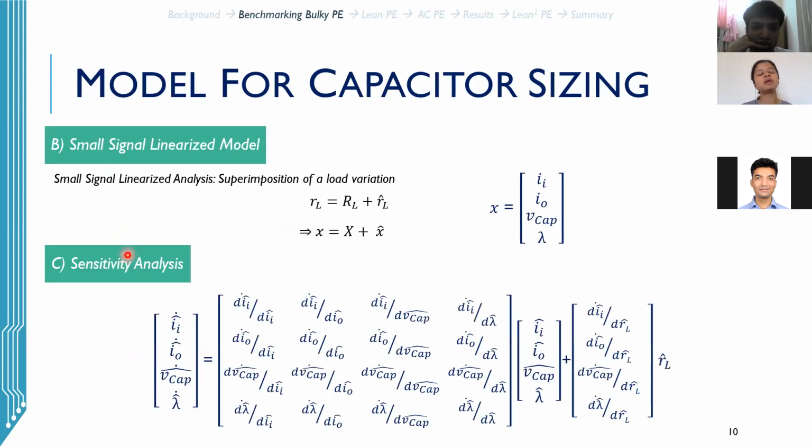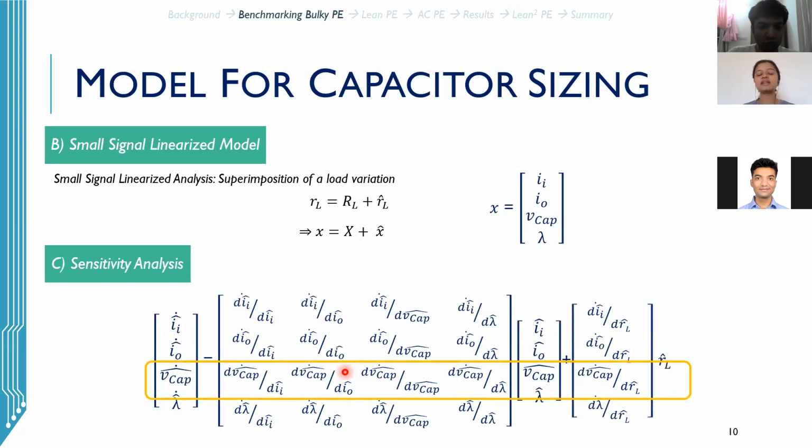After that, we developed the small signal linearized model, wherein we superimposed a small variation in the load in the system model that we are trying to develop, after which we can do a sensitivity analysis. While we have this equation in the form of all the state variables, the particular equation that is of interest to us is the capacitor voltage.